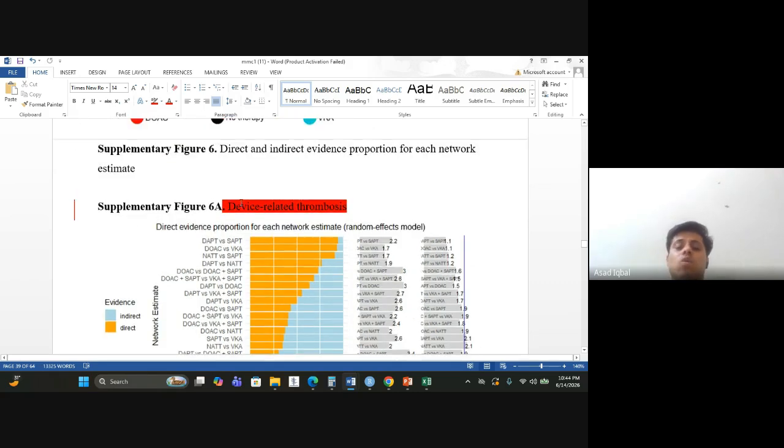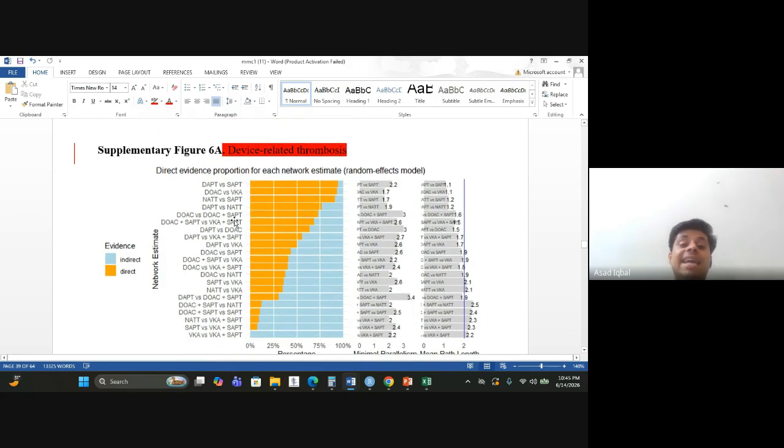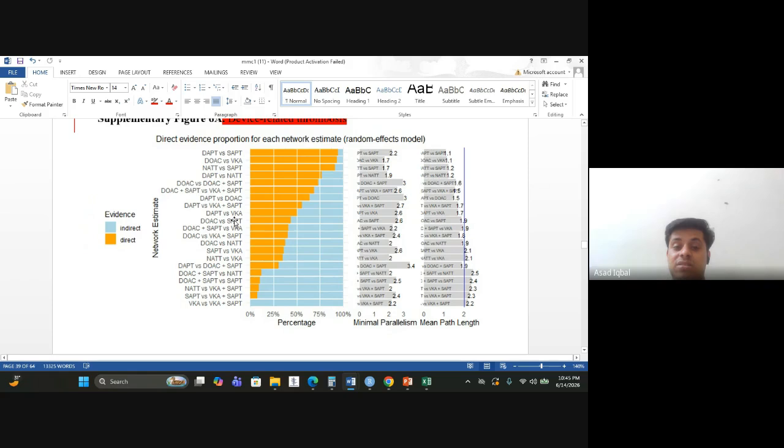Okay, so what's this plot called? Direct evidence proportion for each network estimate. There are different network estimates, and there are percentages of how much direct evidence contributes and how much indirect evidence contributes. So it's good when, for a specific comparison, more of it is reported by direct evidence; that's good, that's reliable, that's valid.